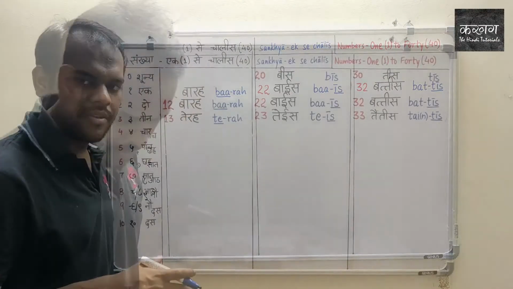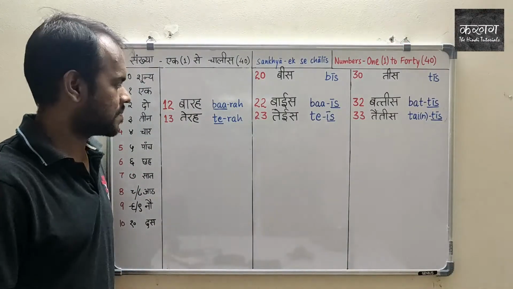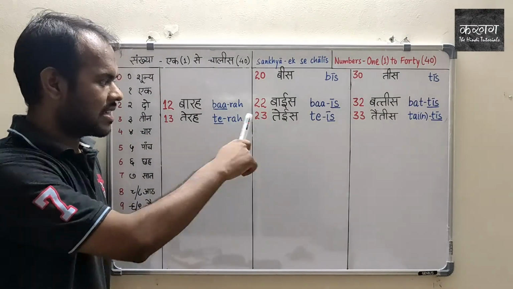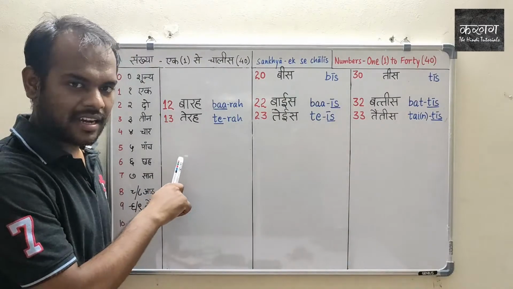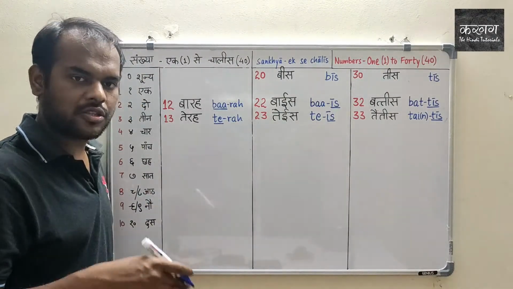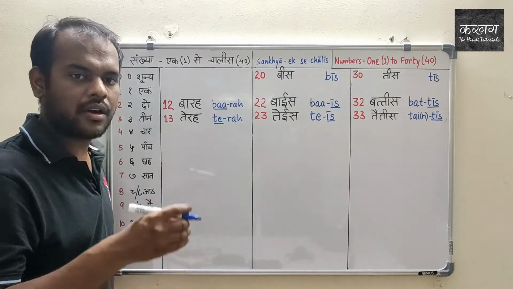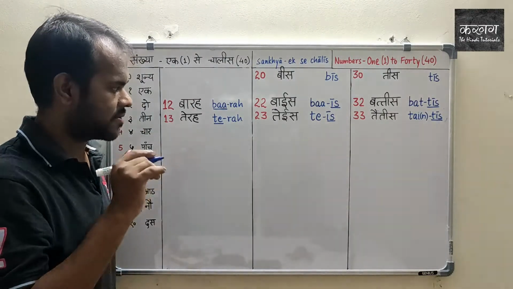Okay. Now the next ones are the numbers having 3 at the unit place: 13, 23, 33. Now you must observe that the beginning of any number depends on the number at the units place.